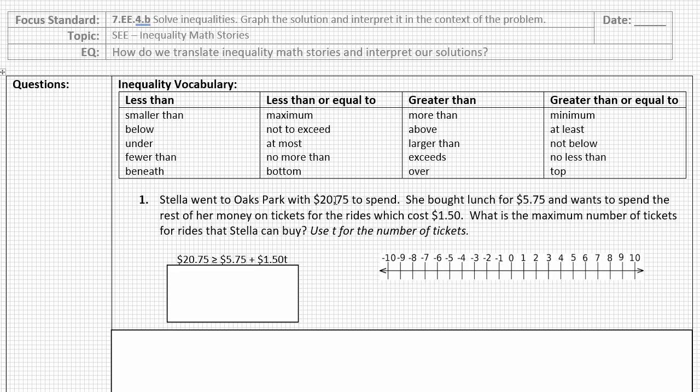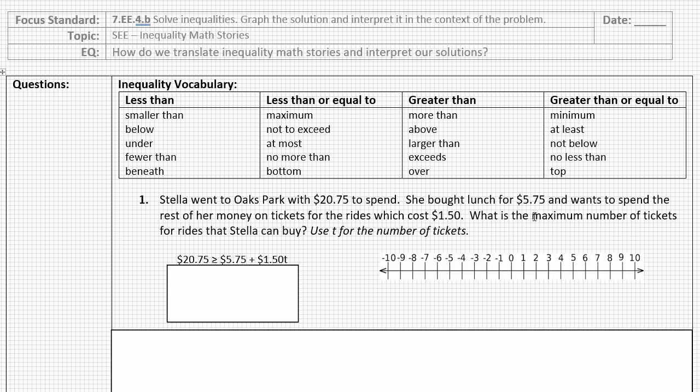I used the $20.75 that she has to spend, and I said that that was greater than or equal to what she's actually going to spend, right? Because she might spend less than the $20.75 if it doesn't work out evenly for her to have lunch and buy a bunch of tickets, or it's going to be exactly equal to $20.75.